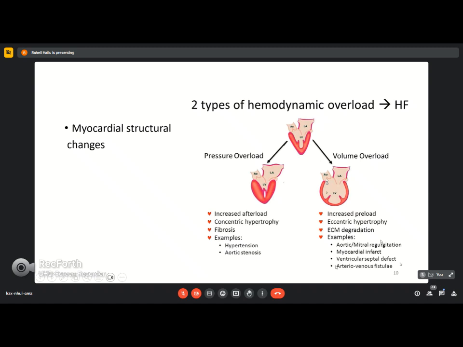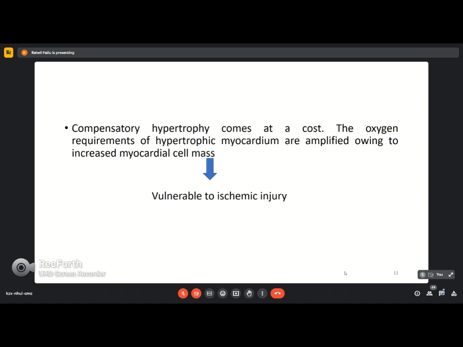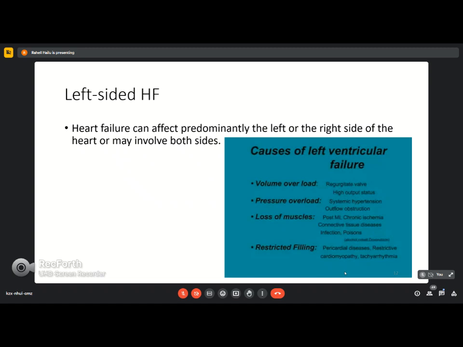Also, during the systole phase, you would expect some volume to remain within the ventricles. Compensatory hypertrophy comes at a cost. The larger the heart muscle, the larger the oxygen demand of this hypertrophic myocardium is amplified, and that makes it much more vulnerable to ischemic injury.